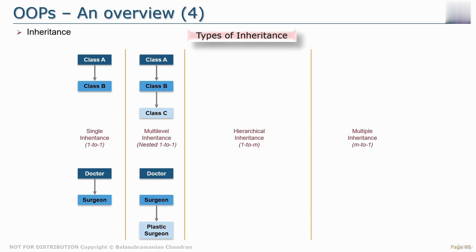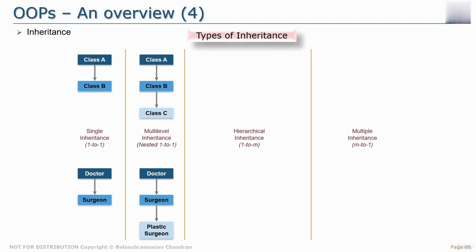Plastic surgeon is derived from surgeon and surgeon is derived from doctor. So, the surgeon will have all the properties of the doctor and the plastic surgeon will have all the properties of both the surgeon and the doctor.